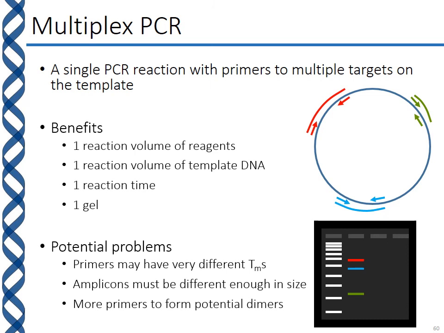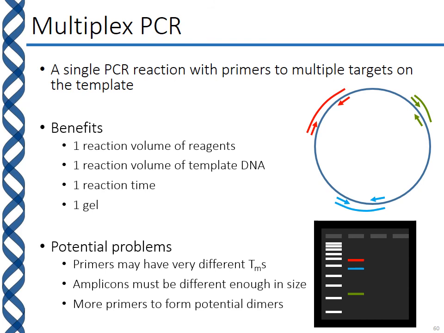So in this particular diagram, you have 6 different primers. You would want them to all have approximately the same Tms and not be different. And you simply have more primers in the mix, and that allows the potential for additional primer dimers to form. Because recall when we were looking at the various secondary structures, we were looking at the hairpins, the self-dimers, and the cross-dimers.